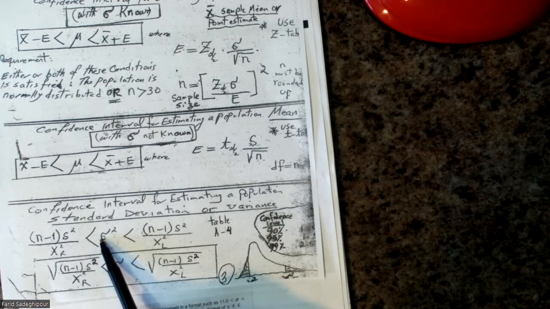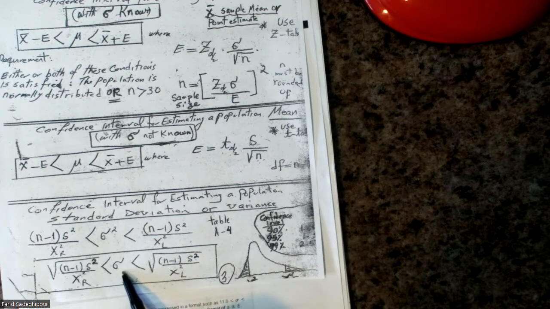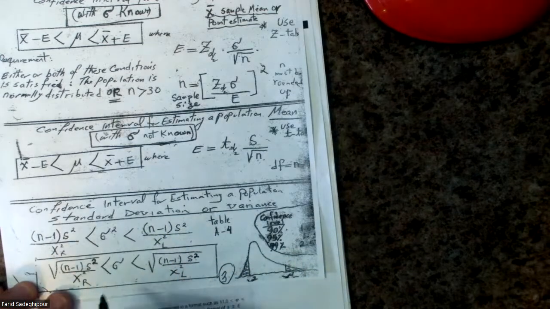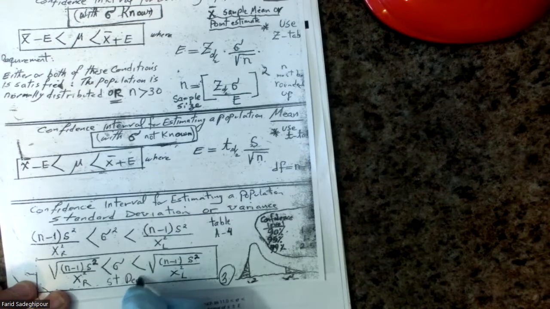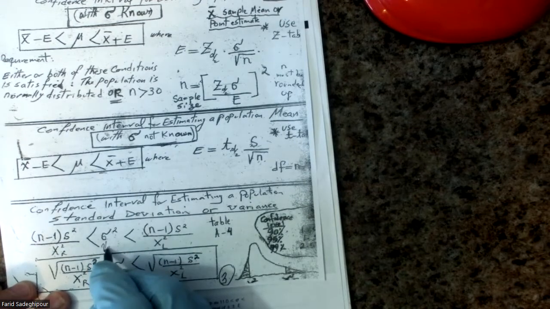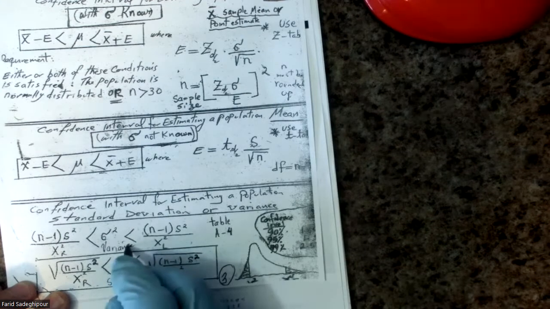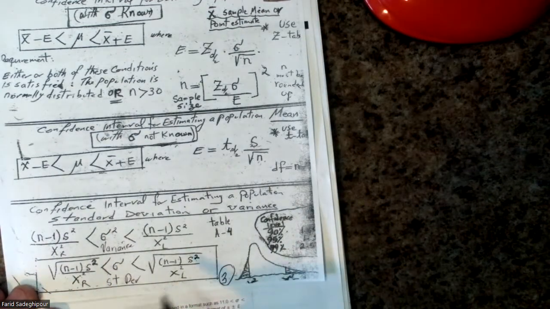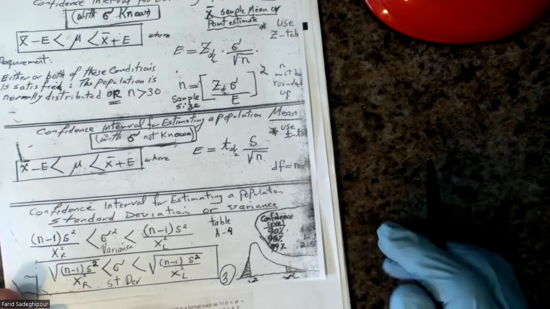So if I put a radical on top of each of these, then what you have here is standard deviation. But this one is the variance. So what you have under the radical is the variance, and when you take the square root of that number, that would be a standard deviation.